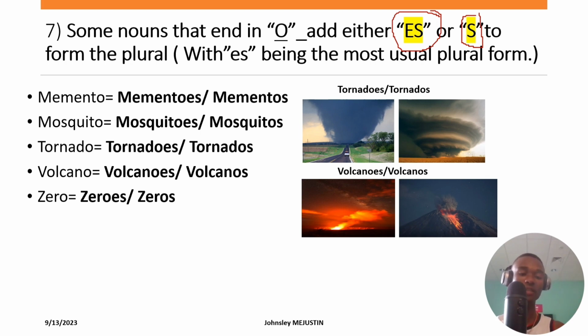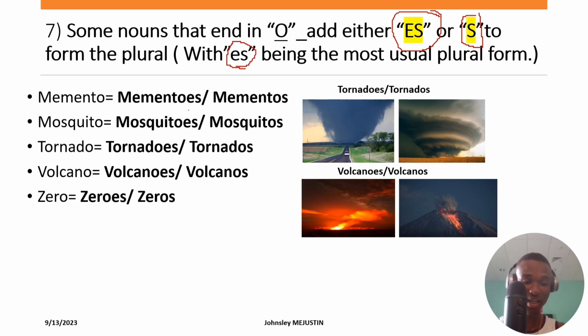For example, we have memento. The es one is more common, but you can add either es or s, with es being the most usual plural form. So here we have mementoes, or mementos.